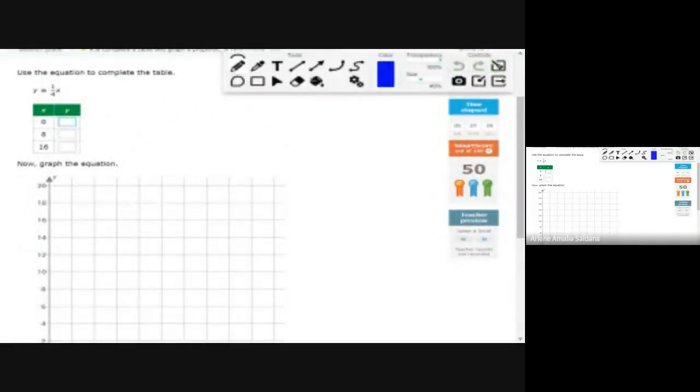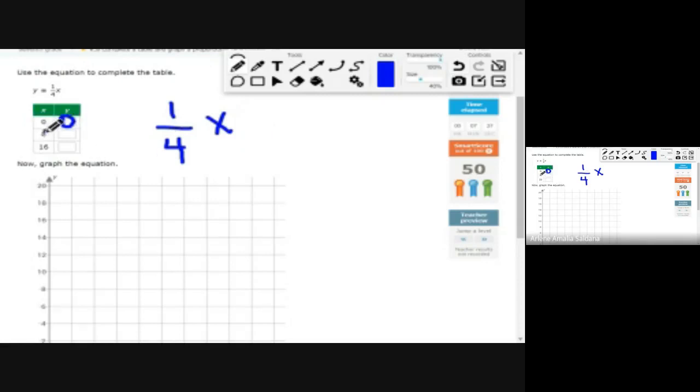Okay? Now, there's other times where you guys are going to have decimals or fractions. Whenever you have a fraction, I don't want you guys to give up. It's very simple. For this one, for example, you have 1/4 times x. So we're going to multiply 1/4 times, let's say 0. Whenever you multiply something times 0, you don't even have to do that because it's automatically 0.